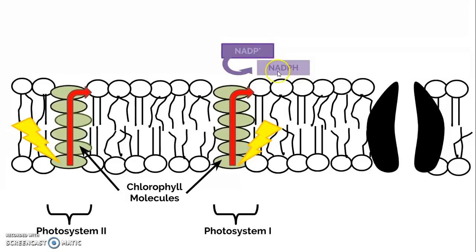That molecule, NADPH, is going to go away to the light-independent reactions, or the Calvin cycle, which we'll talk about a little bit later. So all that's really happened so far is light energy excited an electron of chlorophyll in our photosystem. It jumped up and has been whisked away by NADP+, and it has now become NADPH, which tells us that it is carrying those electrons away to another reaction.